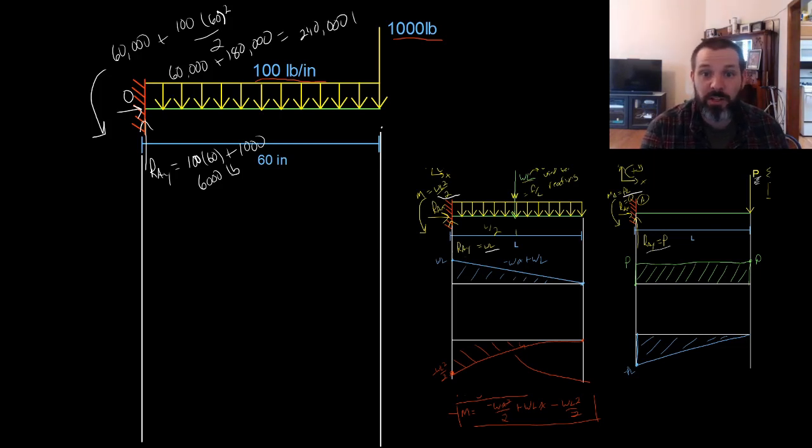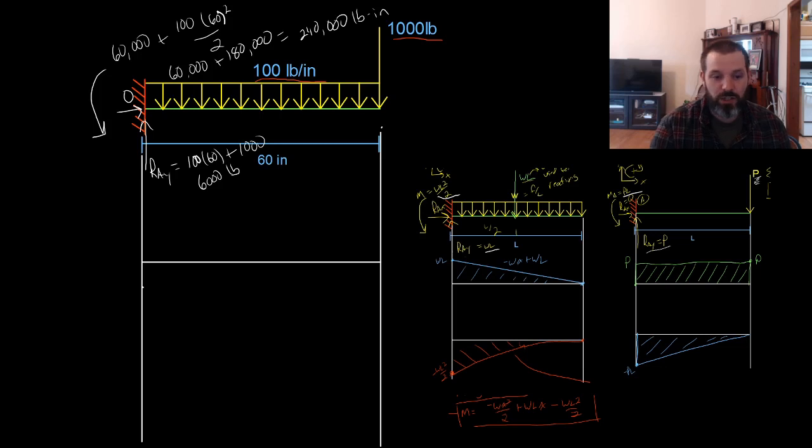And since it's a moment, it has units of pound inches. But we can get our reactions by superimposing the two reaction forces. We can get our shear and moment diagram equations by superimposing our shear and moment equations from our previous problems.